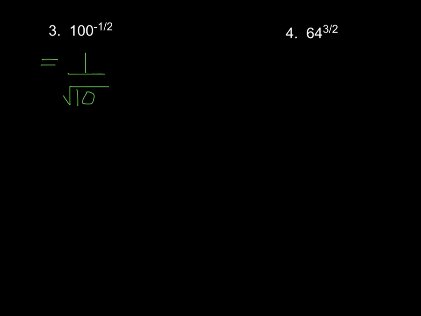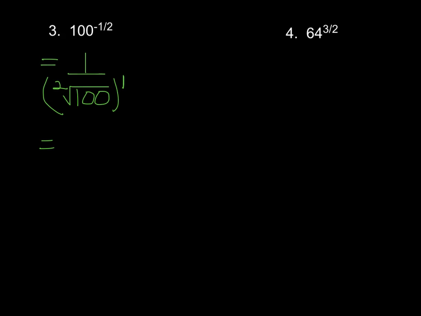So 100 will still go underneath the root. This will be a square root. Now, we don't really have to put that 2 there, because remember, if there is no index number, we understand it always to be a square root, but we'll put it there anyway. And our power is going to be 1.